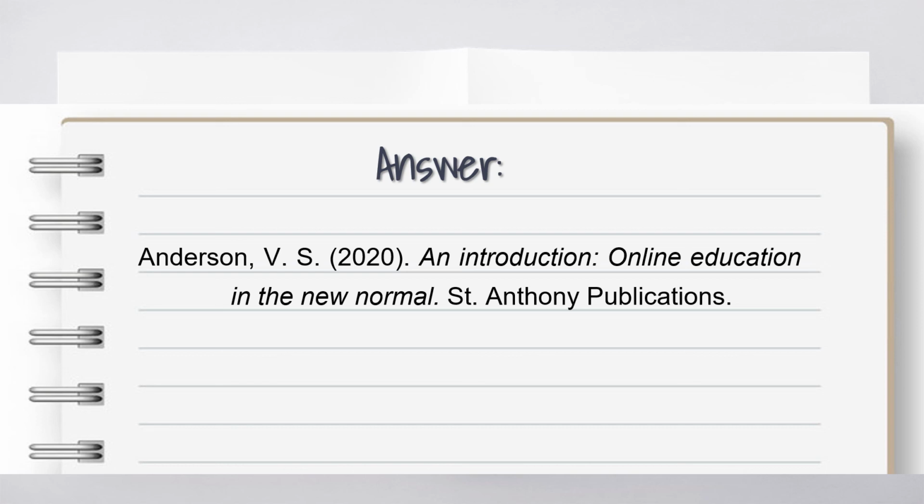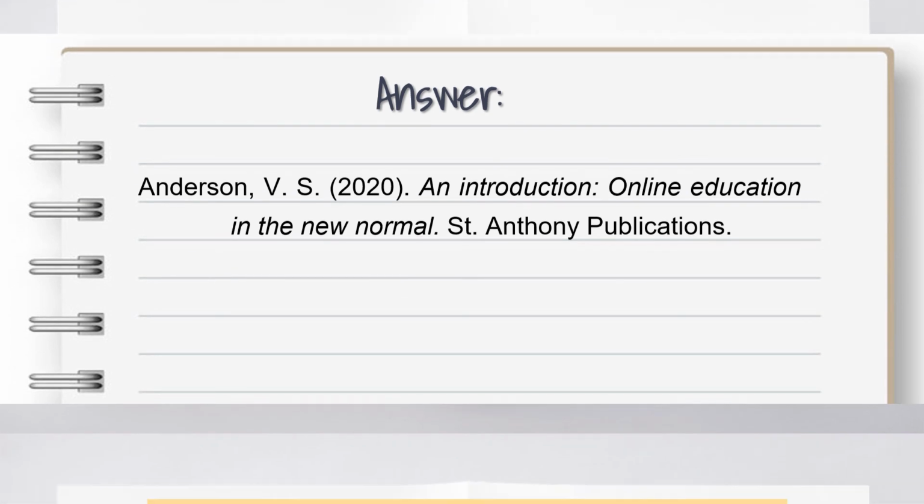That will be our title, and the An is capitalized and the Online is also capitalized since they are the first words for our two titles. Okay, and then we have the period, and then we have St. Anthony Publications as the publishing company, and then a period by the end of it. Okay, again, the second line should be indented. So very good for those who got it correct. I hope most of you got the correct answer.